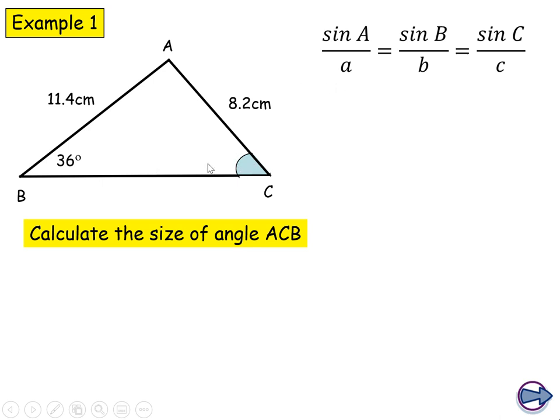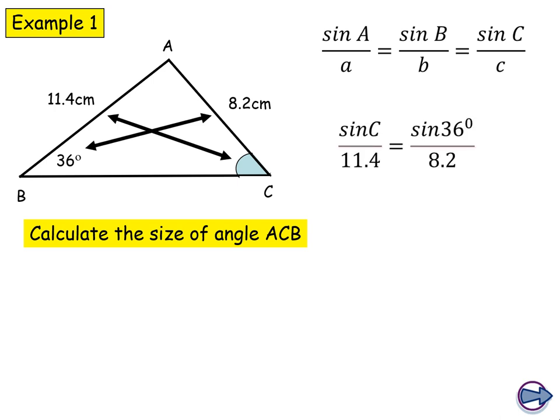And so we go with pairs. So C goes with the 11.4. So you've got sin C over 11.4 equals, sorry, apologies, sin C over 11.4 equals the sin of 36 over 8.2, like that.